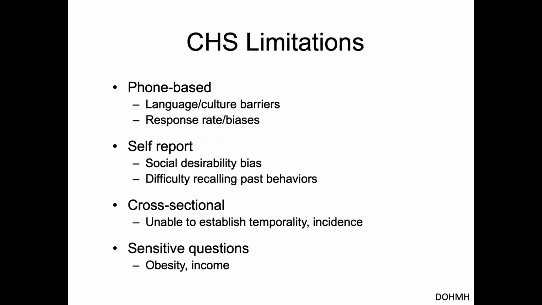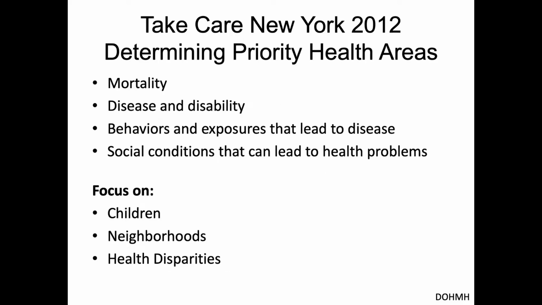Let's look at an application of how some of the survey data can be used for public health action. So Take Care New York 2012 was a health policy agenda from the New York City Department of Health and Mental Hygiene on how to improve New Yorkers' health.